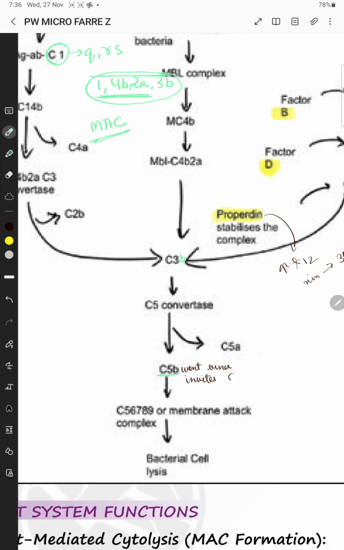Then this membrane attack complex will be deposited in the bacterial cell and lead to lysis. So this is known as C3 convertase, and when C3B comes and joins, it is C5 convertase.